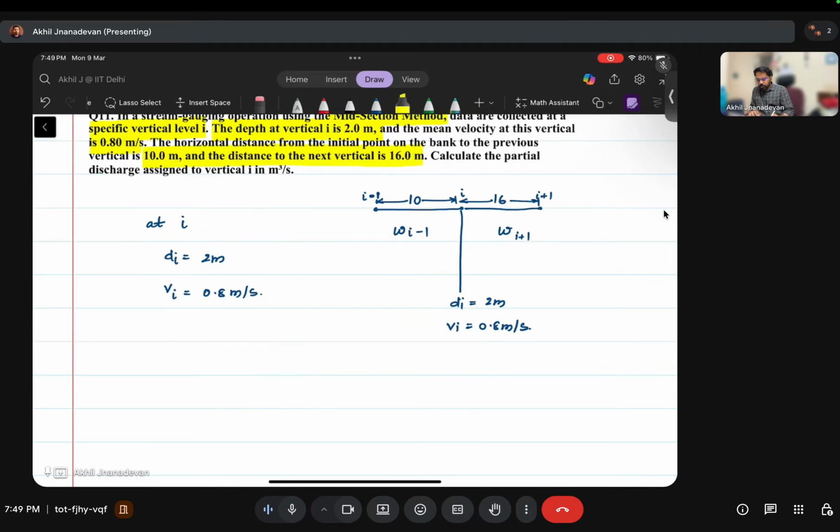Calculate the partial discharge assigned to the vertical i. So this particular vertical is a portion of the cross section. Similarly, we will be dividing our entire cross section into a number of verticals. They are asking to find, at this particular vertical, what will be the elemental discharge, or the discharge contribution.